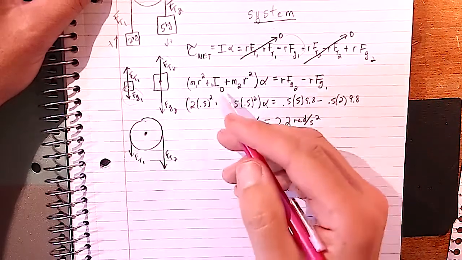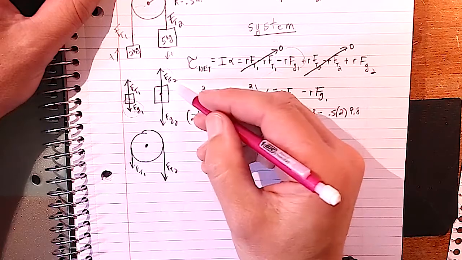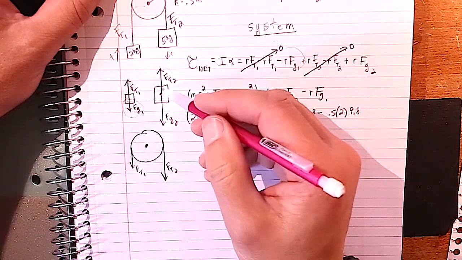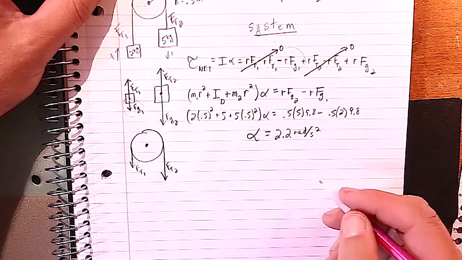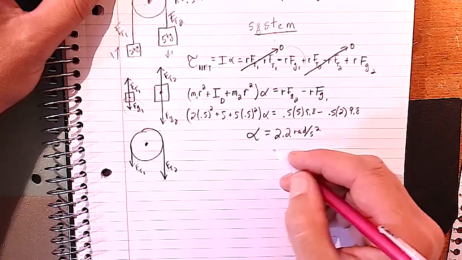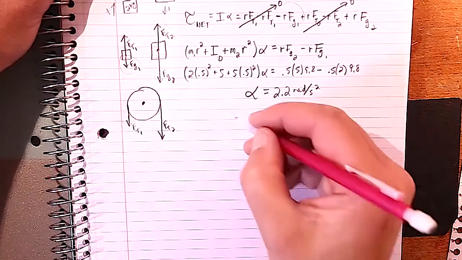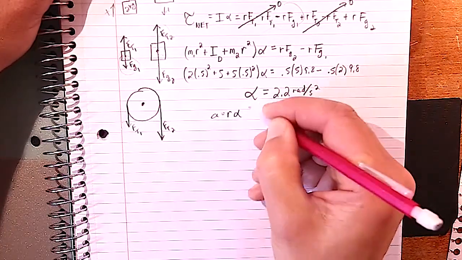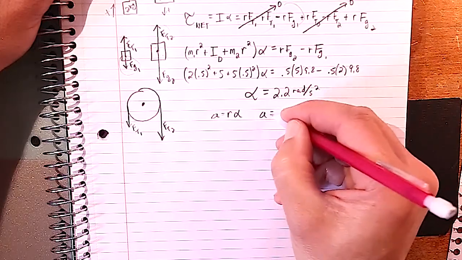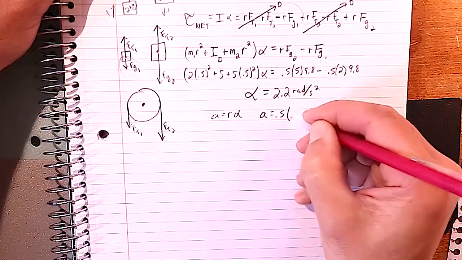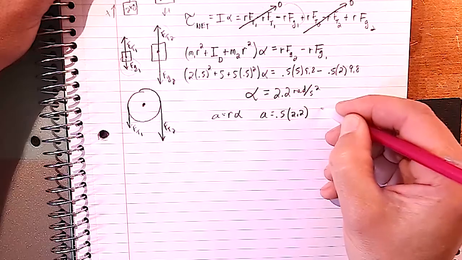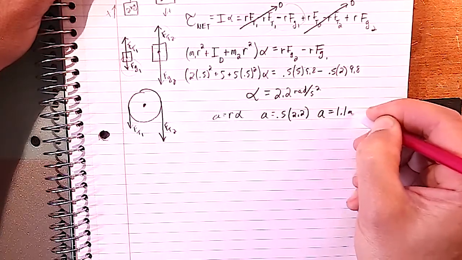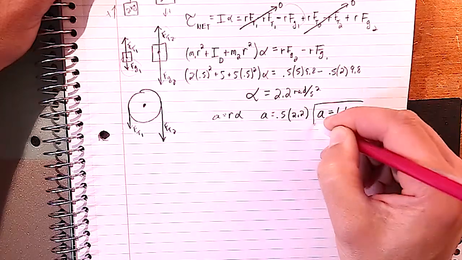But if we're going to find the force of tension, then we're dealing with this not as net torque, but as net force. So we need the linear acceleration. So we're going to do the same trick that we've done before, which is to say a equals r alpha. So we have a is equal to 0.5 times 2.2, or our linear acceleration, which is also the tangential acceleration, is 1.1 meters per second squared.